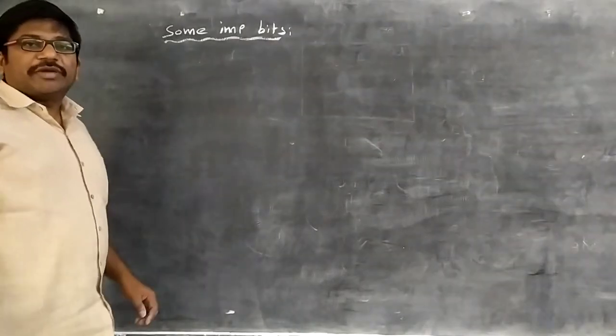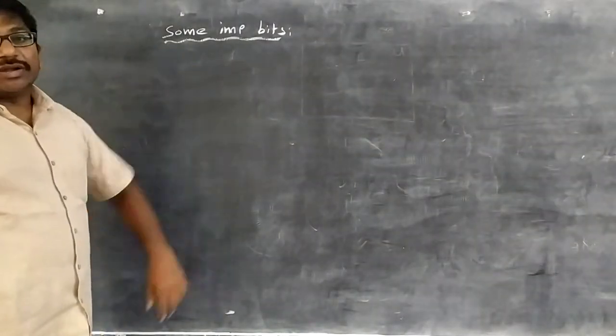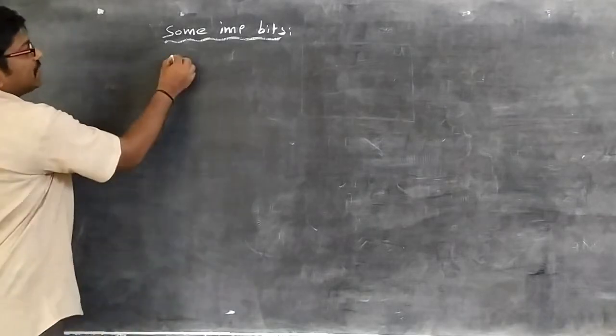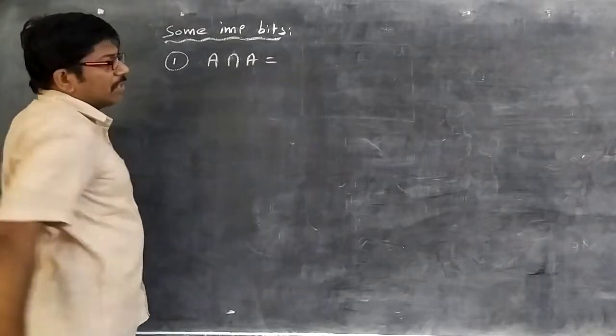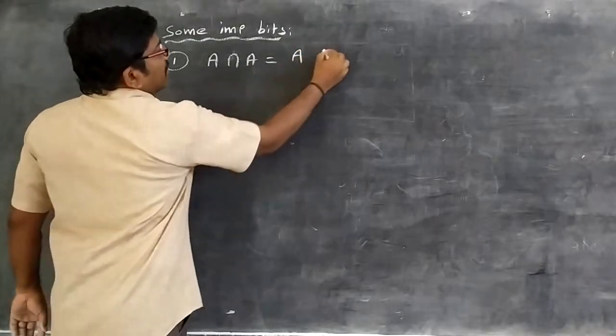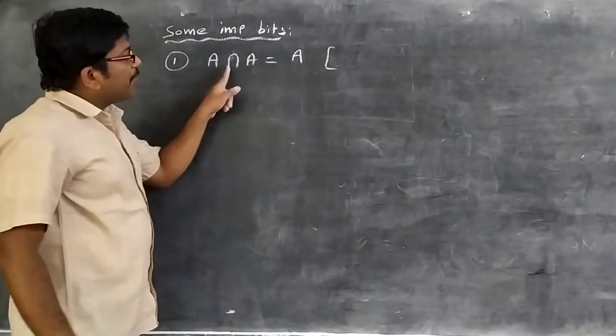Now some important bits under the operation intersection. The first one, A intersection A is equal to A. This is the idempotent law under the operation intersection.